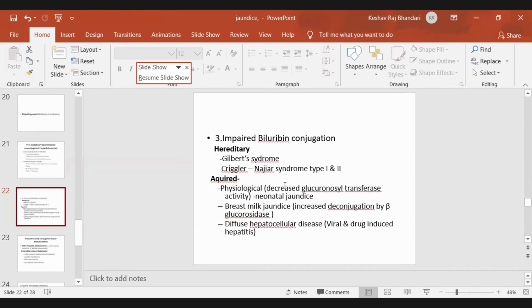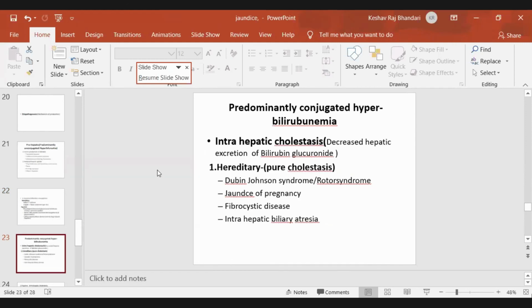Then breast milk has the enzyme beta glucuronidase, which causes deconjugation of the bilirubin. Diffuse hepatocellular disease, such as viral hepatitis or drug-induced hepatitis, will lead to impaired bilirubin conjugation.